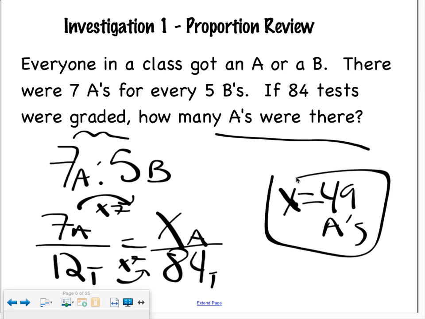They don't ask you for B's, but if they did, we could just take 84 minus 49 to get 35 B's. For proportions, just make sure you see what they're asking you and what they're giving you.